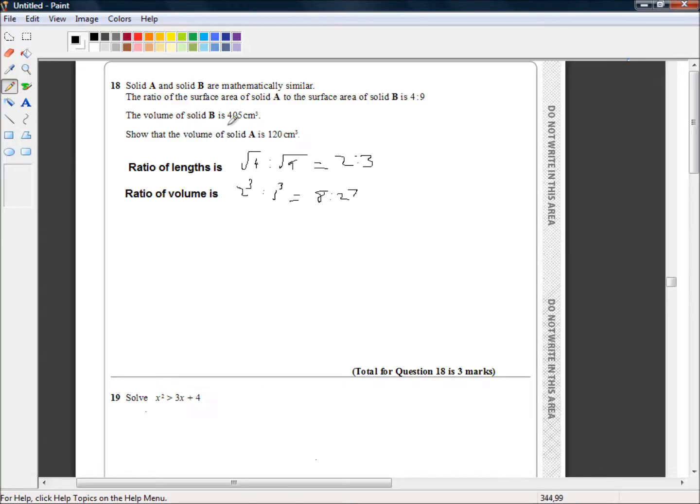So if solid B is 405 centimeters cubed, then we have to scale that down by a ratio of 8 to 27. So we're scaling it down.